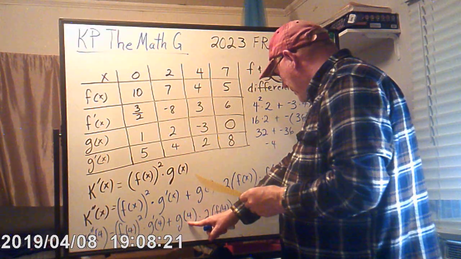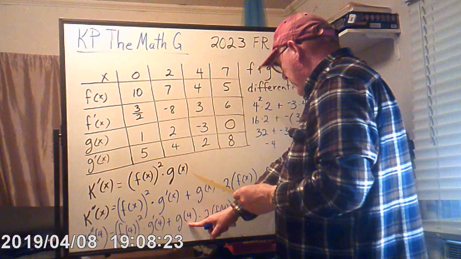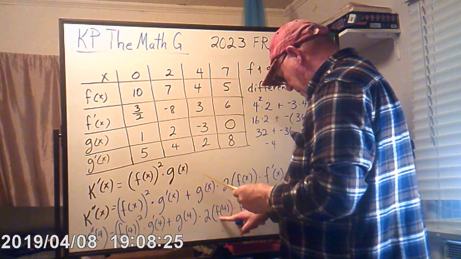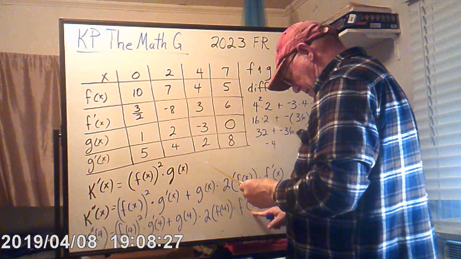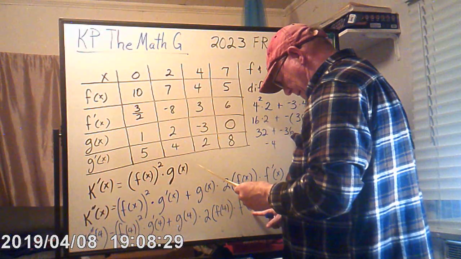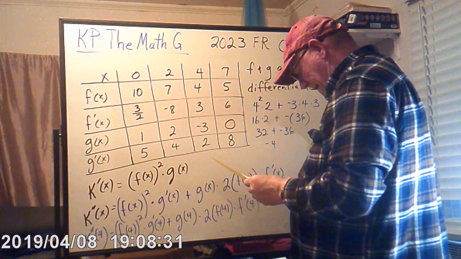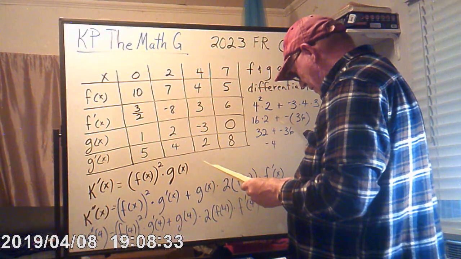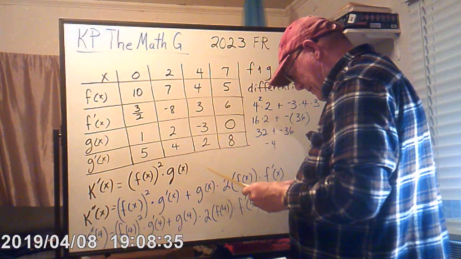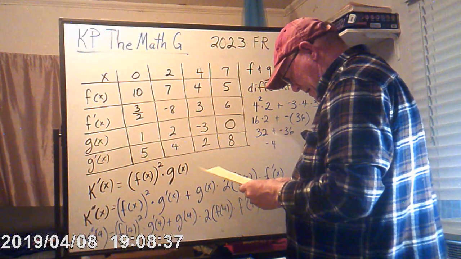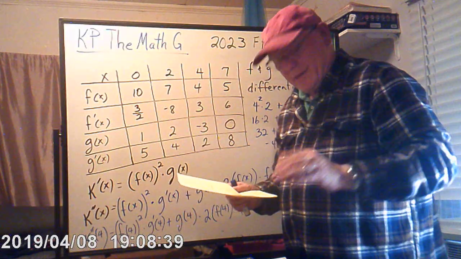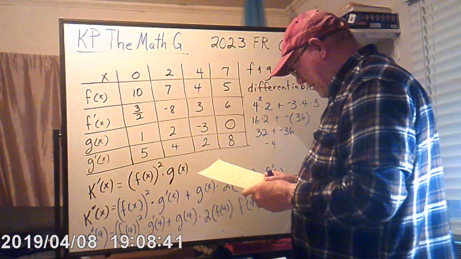G at 4 here, and here. Somehow or another, I'm thinking I did something incorrectly. But let me look at it again. Sorry about that.